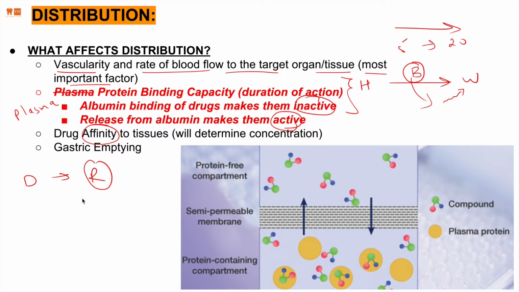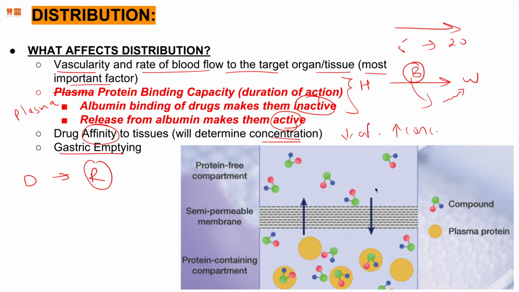But if it tightly binds to it, then it will give immediate and appropriate full response. That will determine the concentration, right? If it's low affinity, we want high concentration because we want a tight receptor and drug interaction. And then gastric emptying, one of the least important factors of distribution.